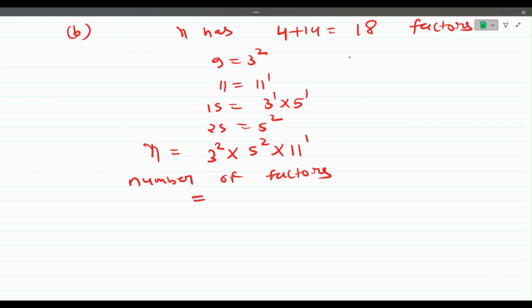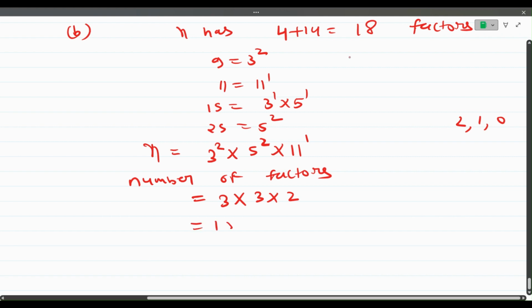As I told you, look at the power of the prime number. This is 3 to the power of 2, so it has three choices, and this is also 5 to the power of 2. Since the power can be 2, 1, and 0, it also has three choices, and 11 to the power 1 has two choices. So you can see there are 18 factors.